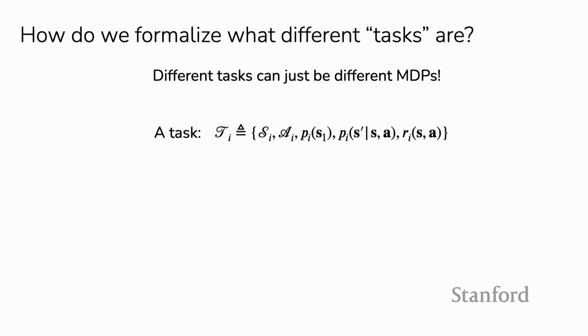And so each task will have a state space, an action space, an initial state distribution, a transition model, and a reward function. And I'm indexing these with index i to denote that this is the state space for task i, this is the action space for task i, the dynamics and reward for task i, and so forth.